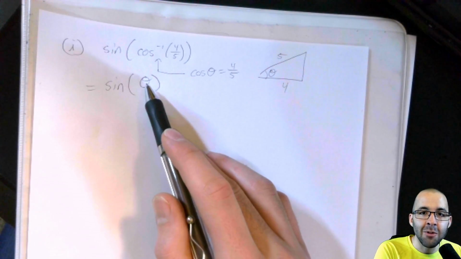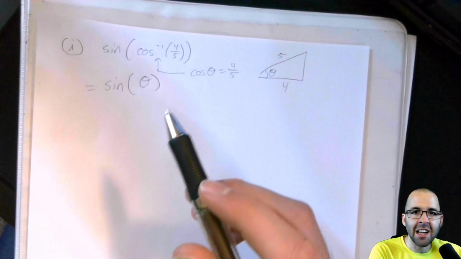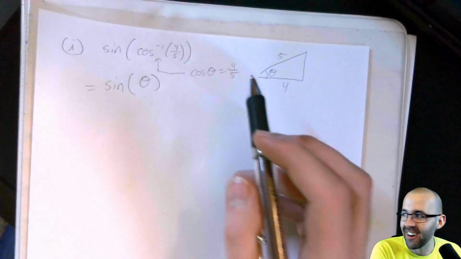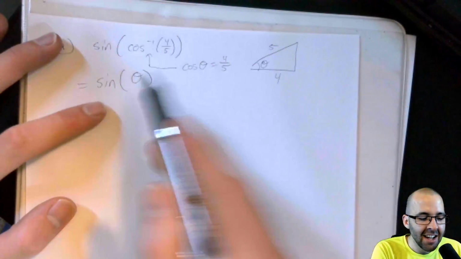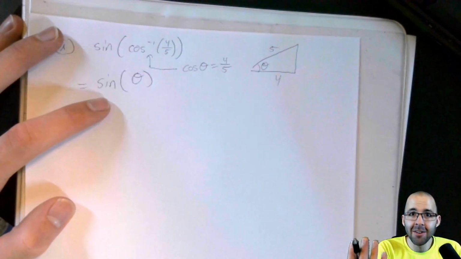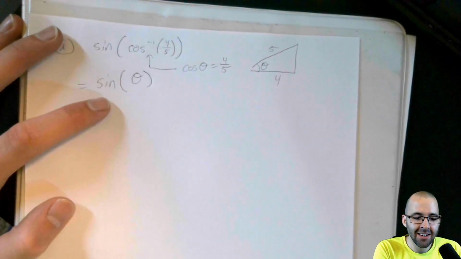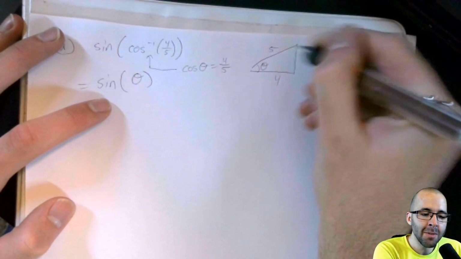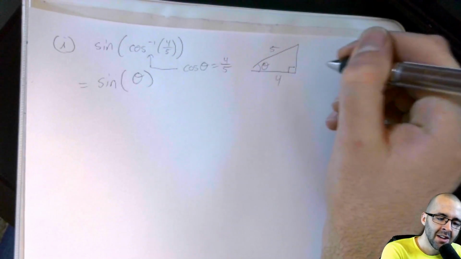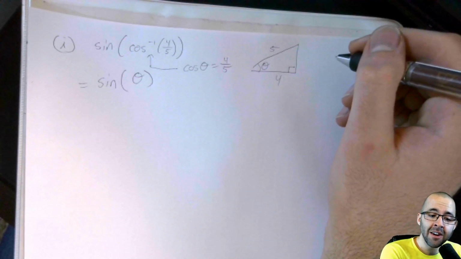But if we go back to chapter 7 and just forget we're here, which at this point in the lecture you might want to, if I ask you what is the sine of theta for this triangle, you know how to do this. Sine of theta is going to be the opposite over the hypotenuse. Well, we don't know what the opposite side is here, but we do know the Pythagorean Theorem.